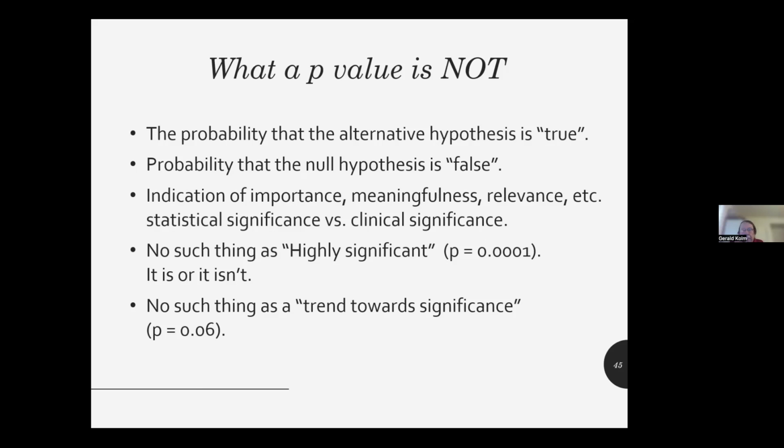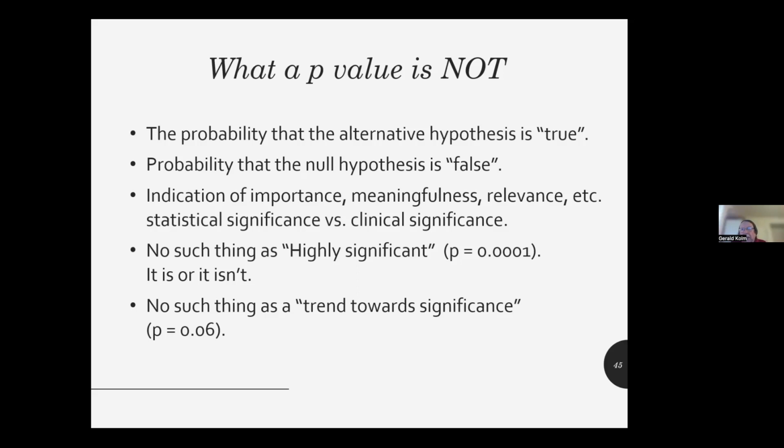Another thing you'll see in the literature quite often is that when they get a really small p-value, they call it highly significant. That's kind of misleading too, because when you do hypothesis testing, it either is significant or it isn't. It's dependent on what you set as your alpha error level for your p-value.